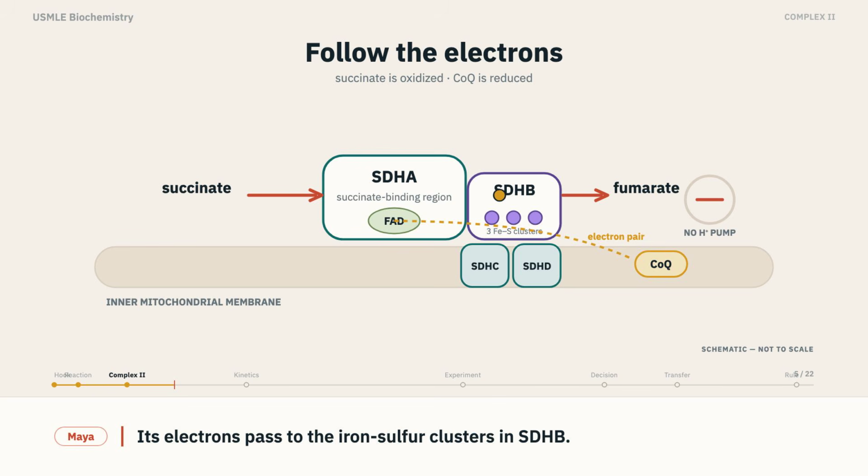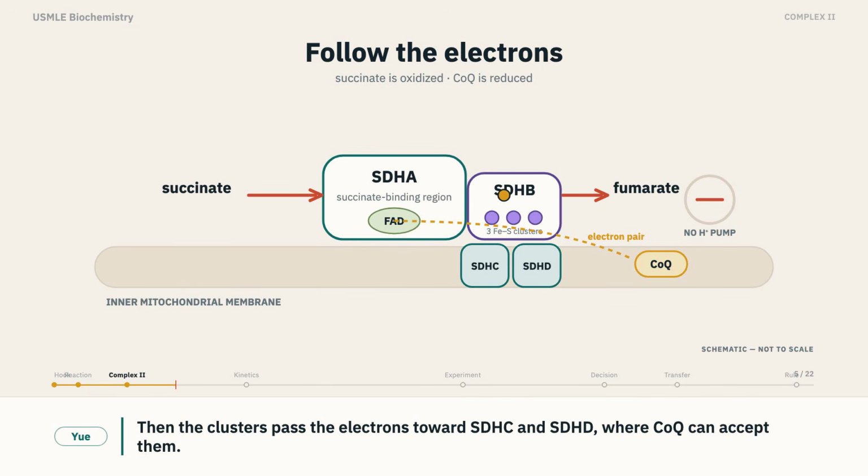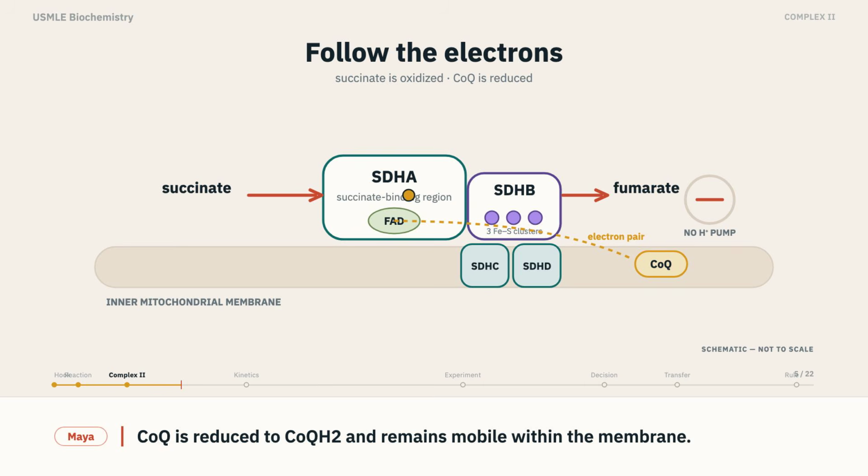Its electrons pass to the iron-sulfur clusters in SDHB. Then the clusters pass the electrons toward SDHC and SDHD, where coenzyme Q can accept them. Coenzyme Q is reduced to coenzyme QH2 and remains mobile within the membrane.